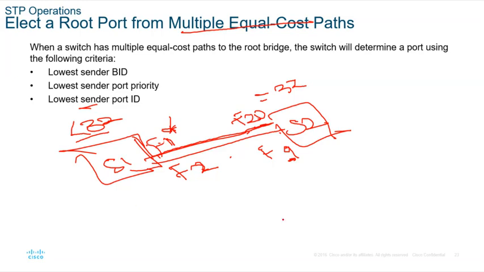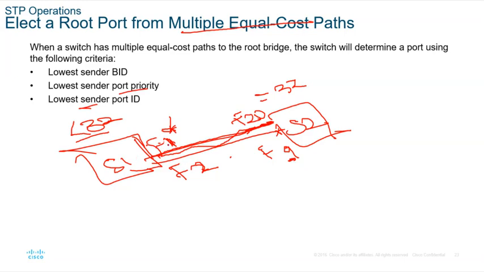Let me just give you an example. This is port 1. Now that it's the lowest sender priority, it means that even if it's connected to any port, it has to be active. Because this is an ID. But this side, the sender, is used to break a tie.